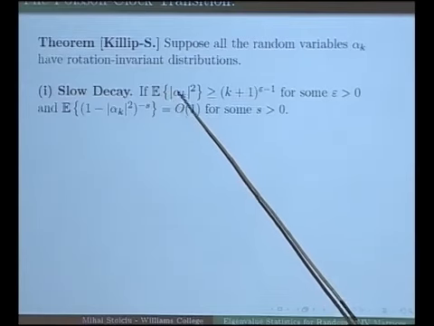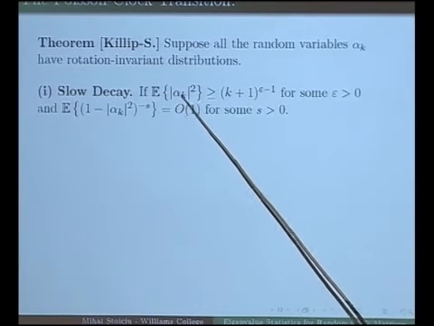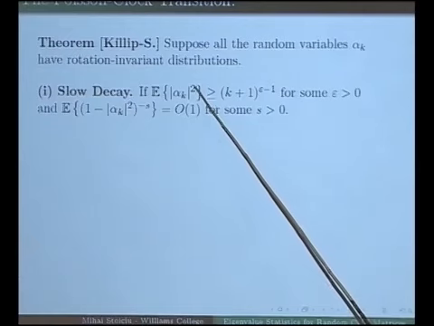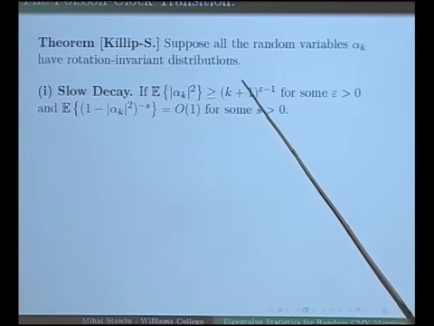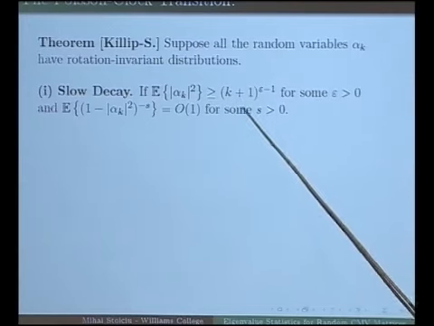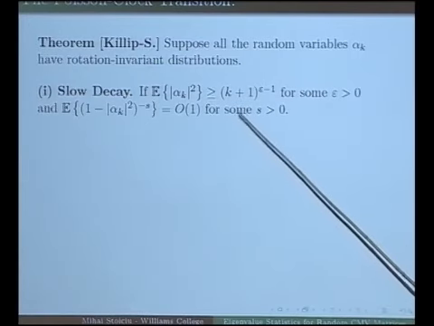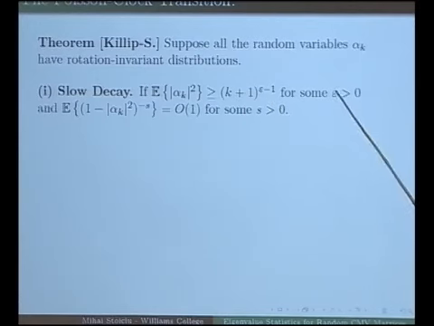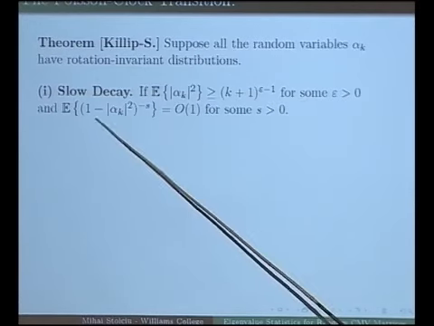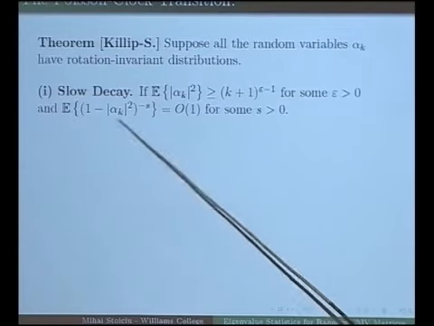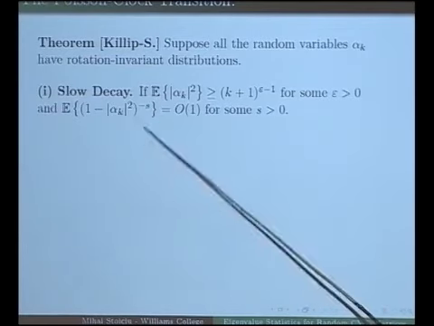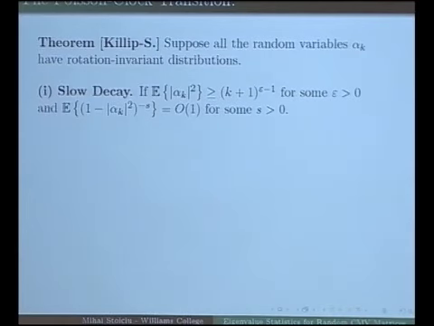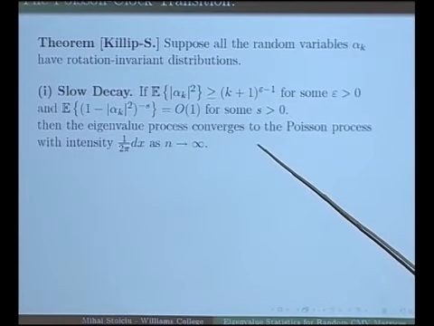Suppose that all the random variables alpha k have rotation invariant distribution. In the case of slow decay, what is the slow decay? The expectation of the absolute value of alpha k squared is bigger than 1 over k to the 1 minus epsilon, so slower than 1 over k, where epsilon is positive.